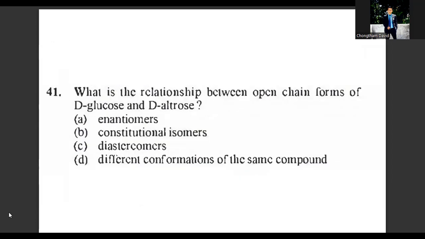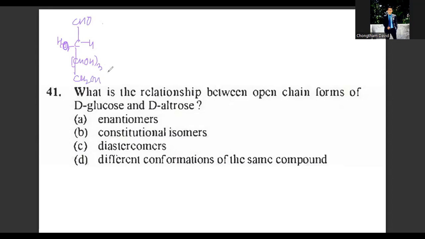Next, question number 41. What is the relation between open chain form of D-glucose and D-altrose? So the constitutional isomers for this will be, you can write the structure of altrose, carbon, hydrogen, and OH group. This is oxygen, okay? And here you have CH, polyhydroxy, trihydroxy.